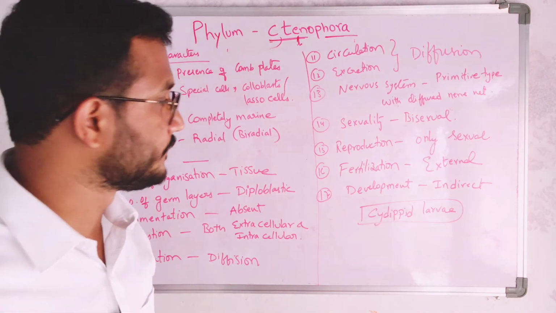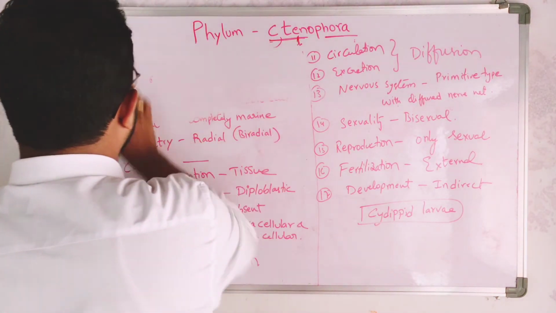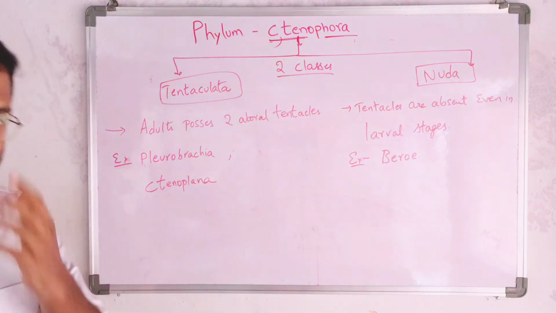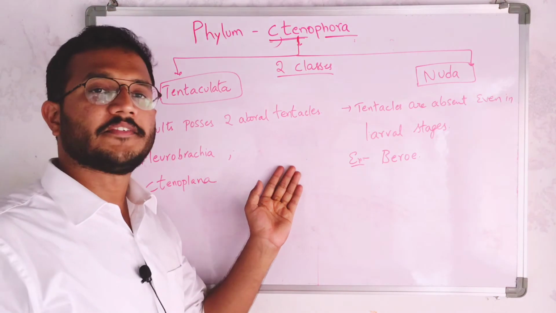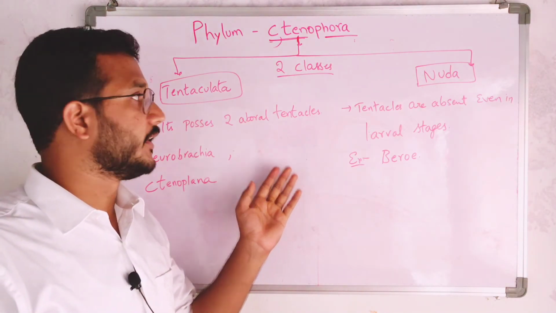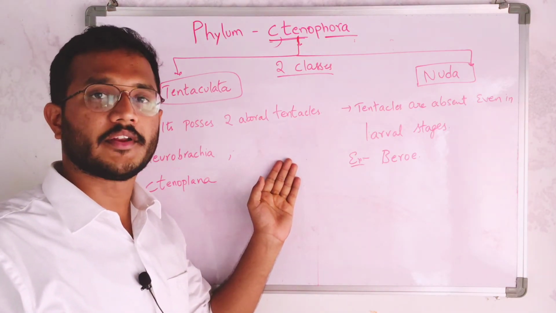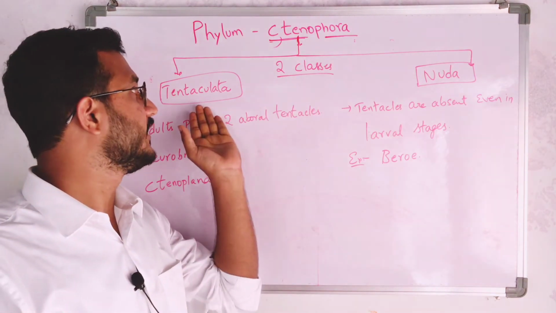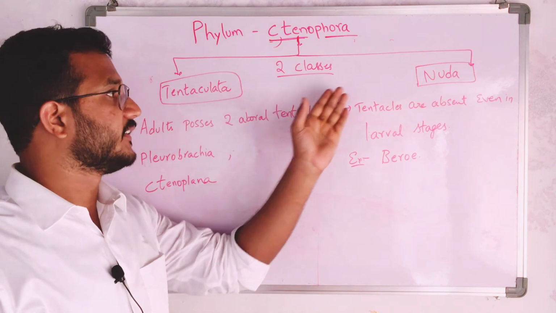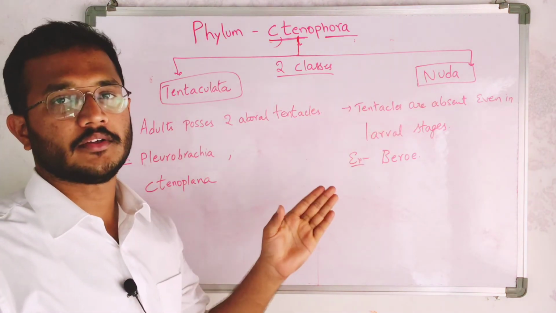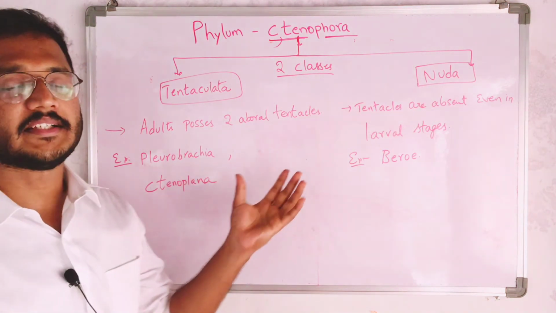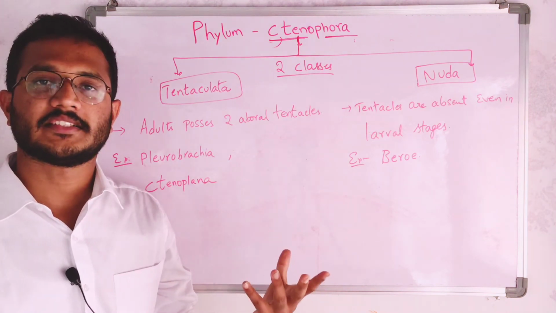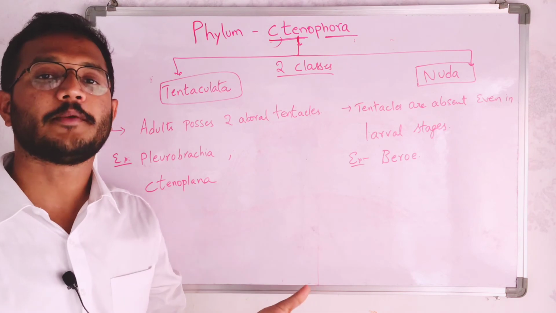Okay, now we will see the classification. See here, the phylum Ctenophora is divided into two classes. The first one is the class Tentaculata and the second one is the class Nuda. On what basis was it classified? That is on the basis of tentacles, whether the tentacles are present in the animal or not.